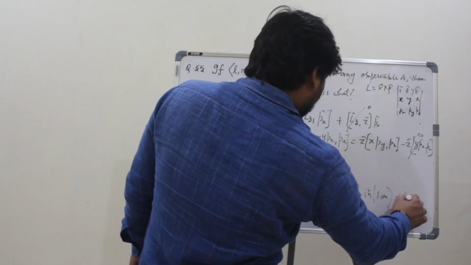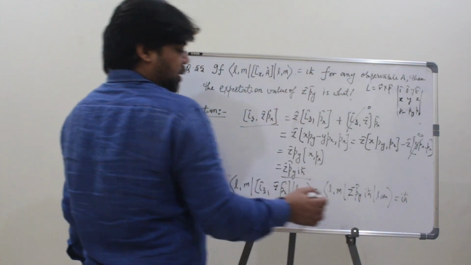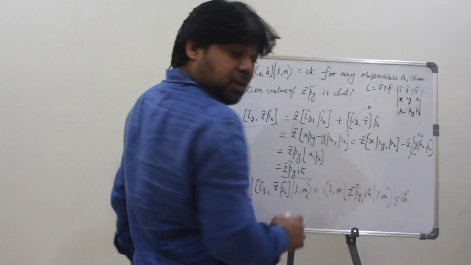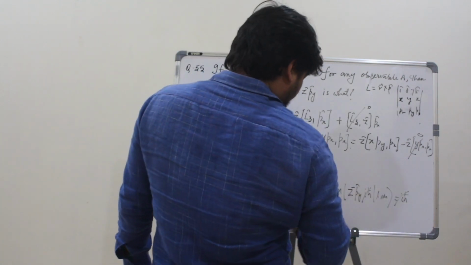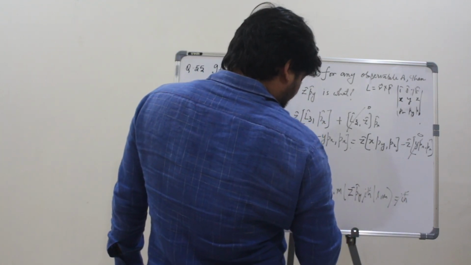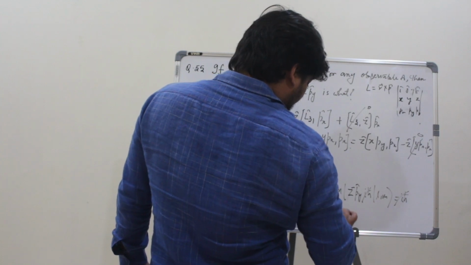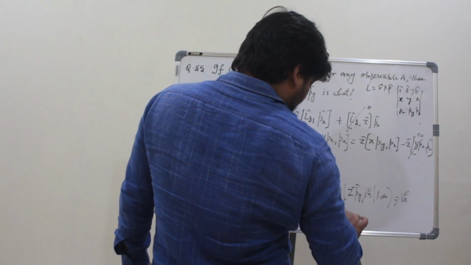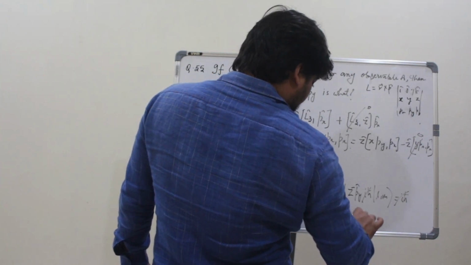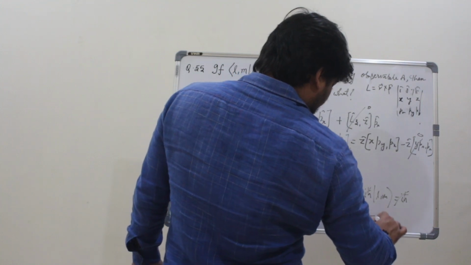But you remember that the commutator expectation is already given as i hbar. So i hbar cancels out, giving you the expectation value of Z cap Py equals 1.